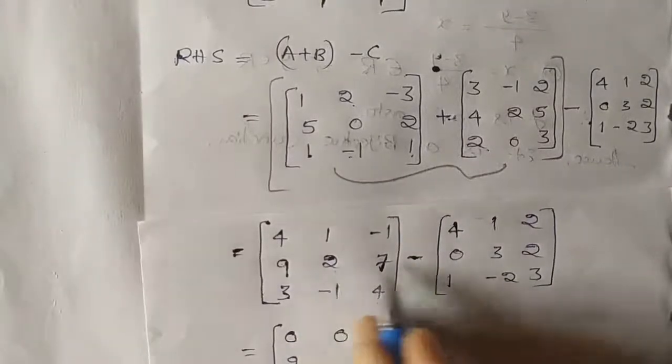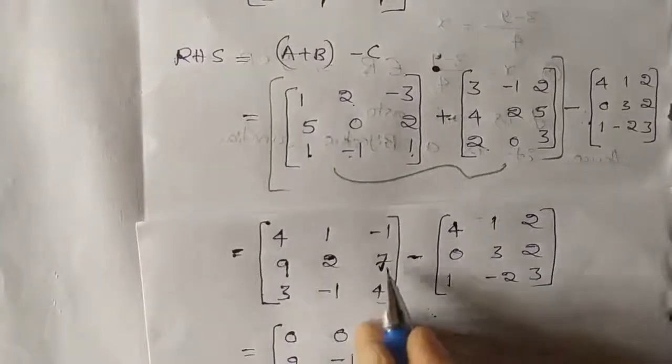That is equal to 4 minus 4 is 0. 1 minus 1 is 0. Minus 1 minus 2 is minus 3. 9 minus 0 is 9. 2 minus 3 is minus 1. 7 minus 2 is 5. 3 minus 1 is 2.